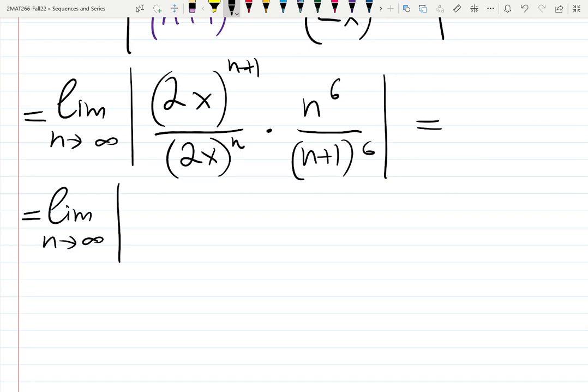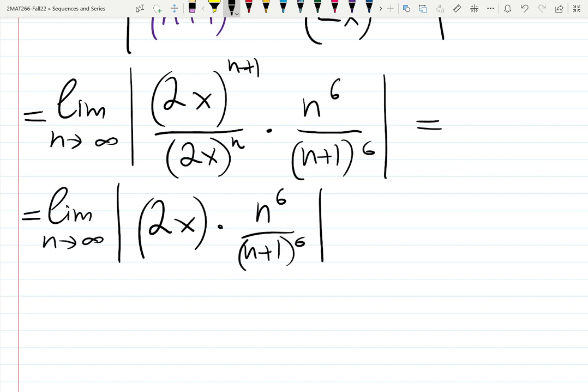So 2x to the n plus 1 over 2x to the n. What is that? 2x, right? Check your knowledge of exponents. So that is correct. And now, a very interesting situation. This is the first time maybe I will show you, before calculus 3 starts, a multivariable situation. We're going to do it in integrals and derivatives, but right now in the limit.